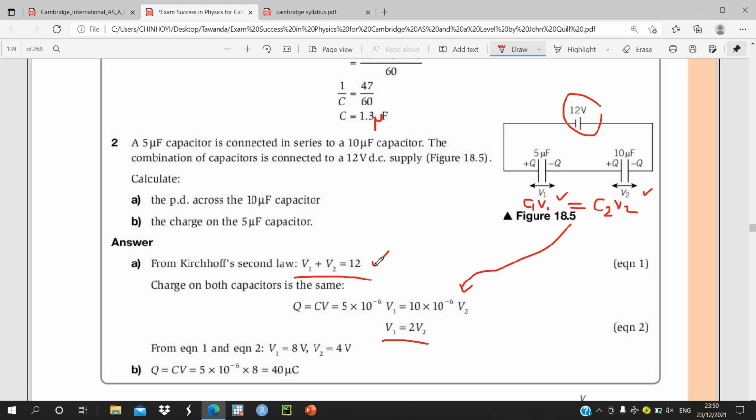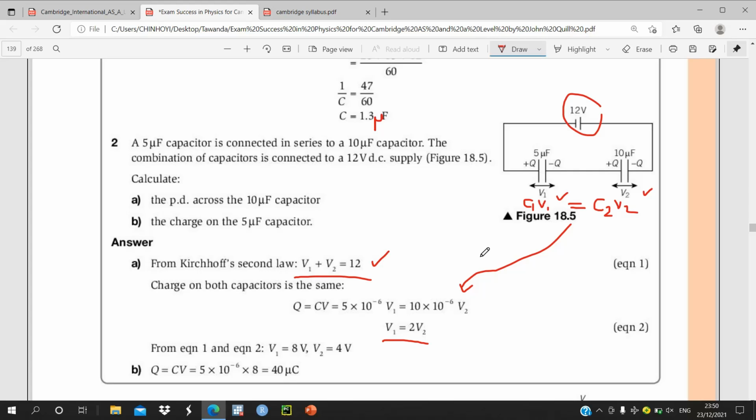So from equation 1, if we solve equation 1 and equation 2, we are going to see that V1 is 8 volts, then V2 is 4 volts.